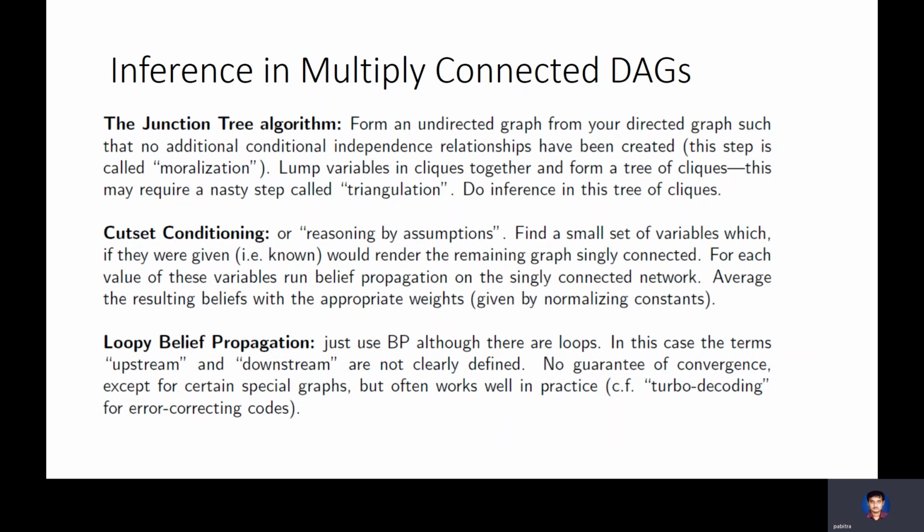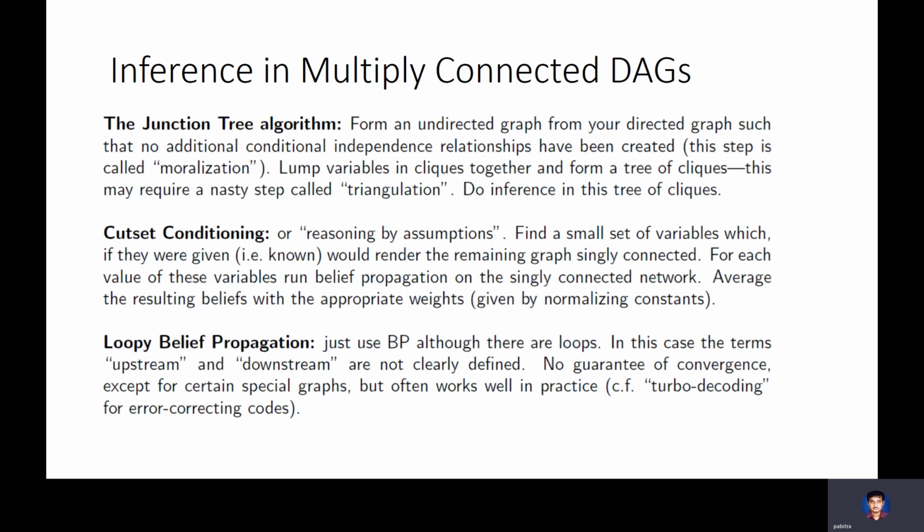And if we have done this, most of the time the resultant abstracted graph is a singly connected graph, a tree. So you have groups of nodes as nodes now, and edges between groups of nodes, and this abstracted graph takes the form of a tree or a singly connected graph.